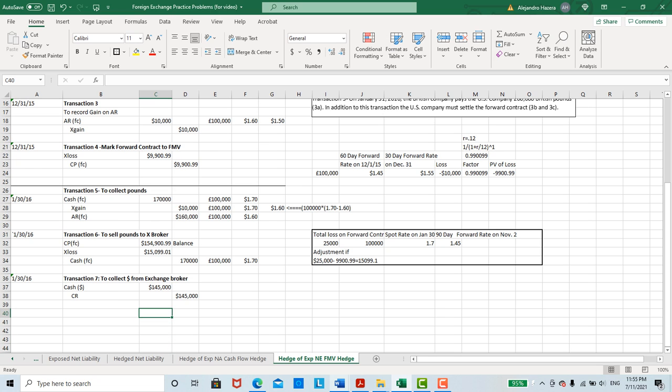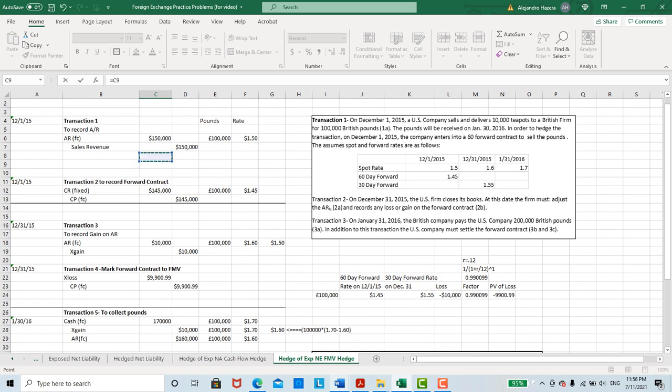And you may be asking, what happened to the expensing of the premium? What was the premium expense? Well, let's go ahead and add up the exchange gain on accounts receivable and the exchange loss on contract payable.